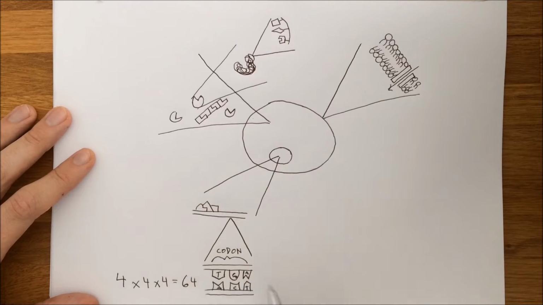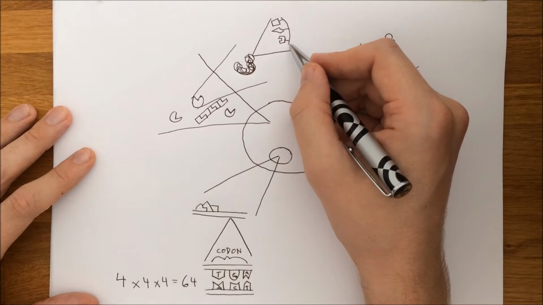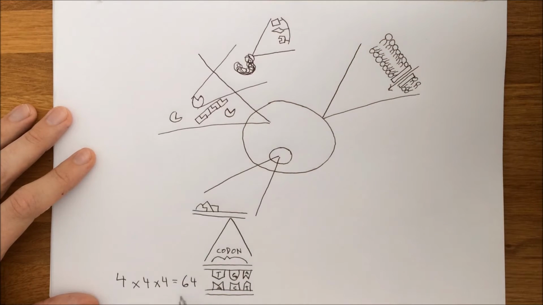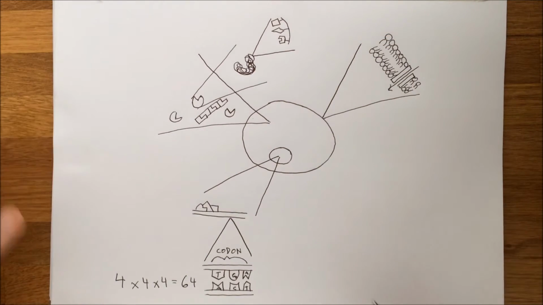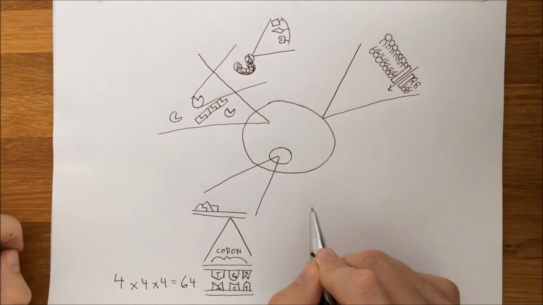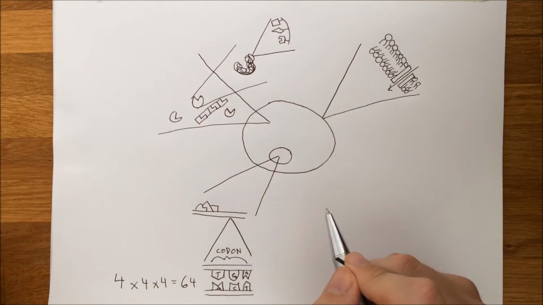Here we have TGA, for example, which will code for one specific amino acid. And since I said before that there are only 20 different amino acids, that means there are multiple different triplets or codons that might code for the same amino acid. But that's not a problem. The only thing that's really required is that there are enough triplets to code for each of the different possible amino acids.